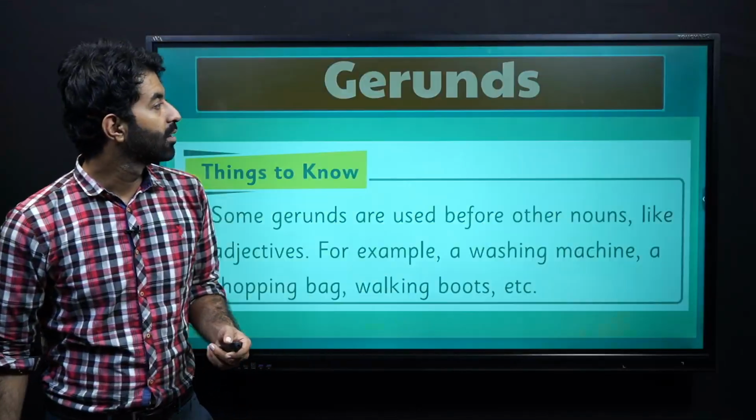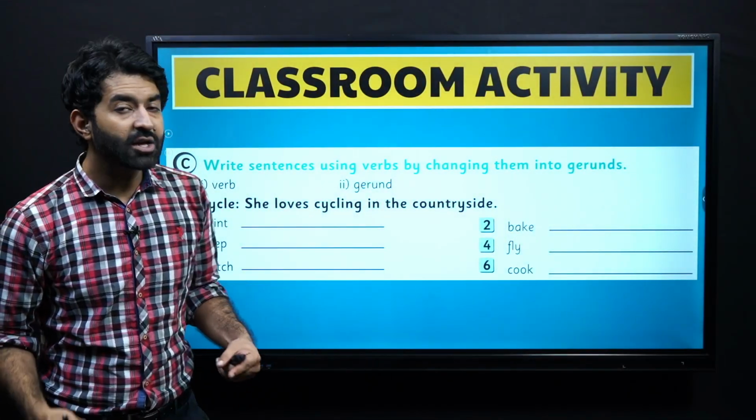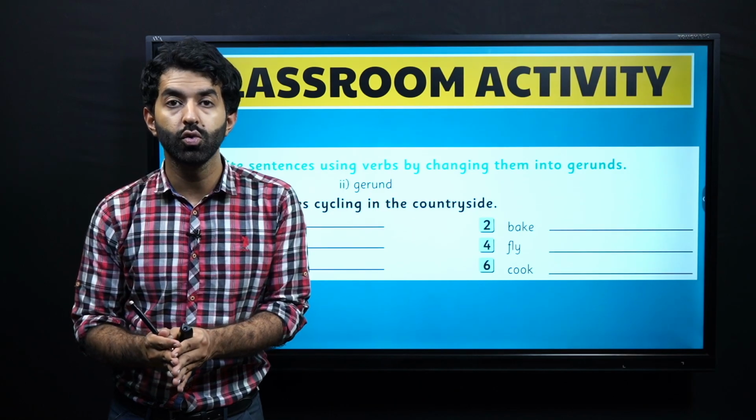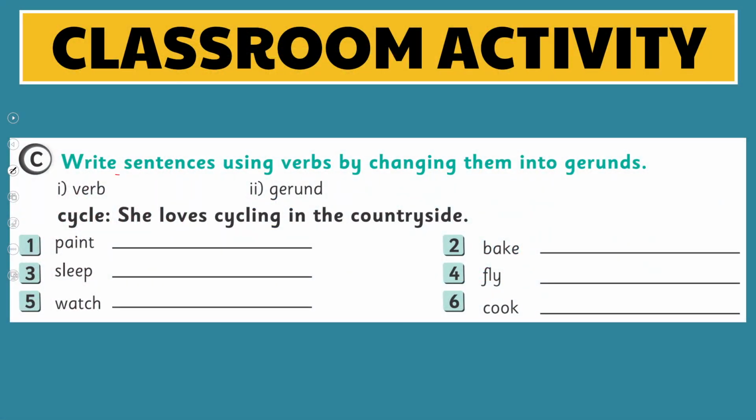All right. Now, for the classroom activity, what you're supposed to do is write sentences using verbs by changing them into gerunds. So, verb and gerund. For example, cycle. We will add ing to this verb and make a noun. And a noun is the name here, it is the name of an activity.